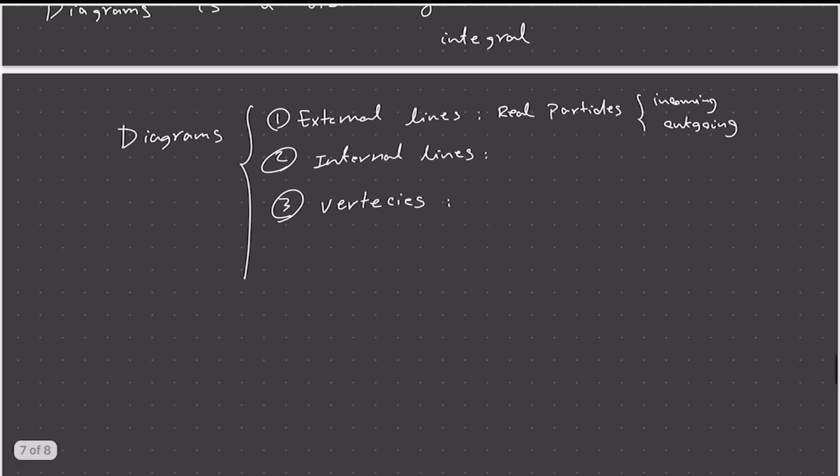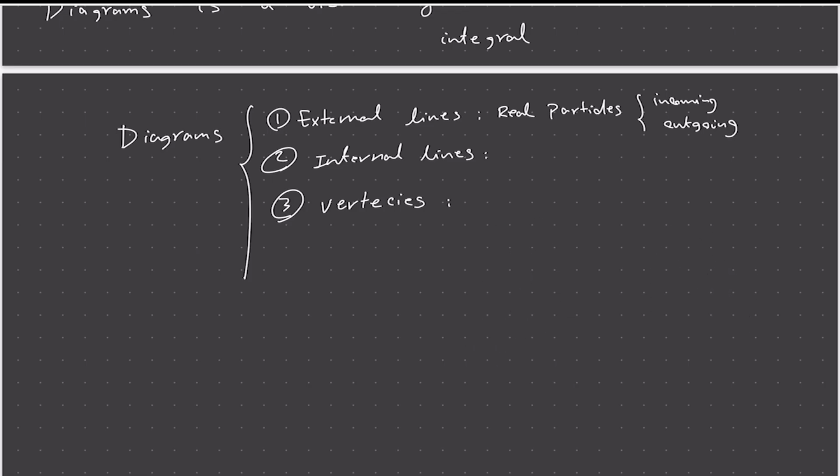For example, you have an incoming electron, and an incoming electron is similar to an outgoing positron or any kind of particles, and then you have outgoing particles. Okay, these represent real particles. They are something that externally exists. The quantum number is there since the beginning. It's not a kind of virtual particle.